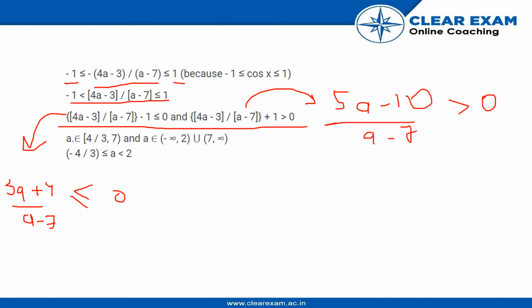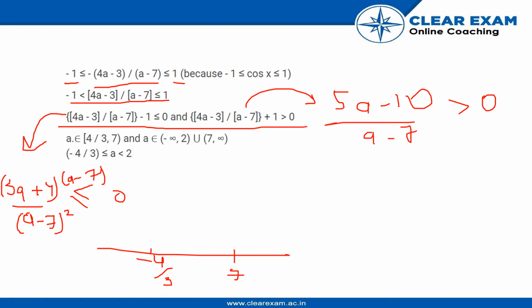Now once we have that, we can simplify this by multiplying the numerator and the denominator by a minus 7, so that we have a positive term in the denominator, as squares are always positive. So we get (3a plus 4) into (a minus 7), and this you know how to solve. We get the values of a from this: minus 4 by 3 and 7.